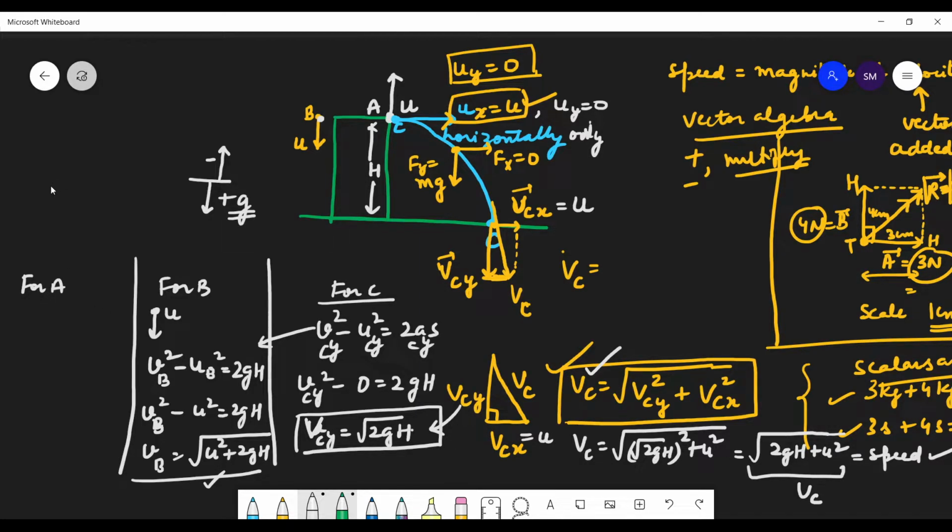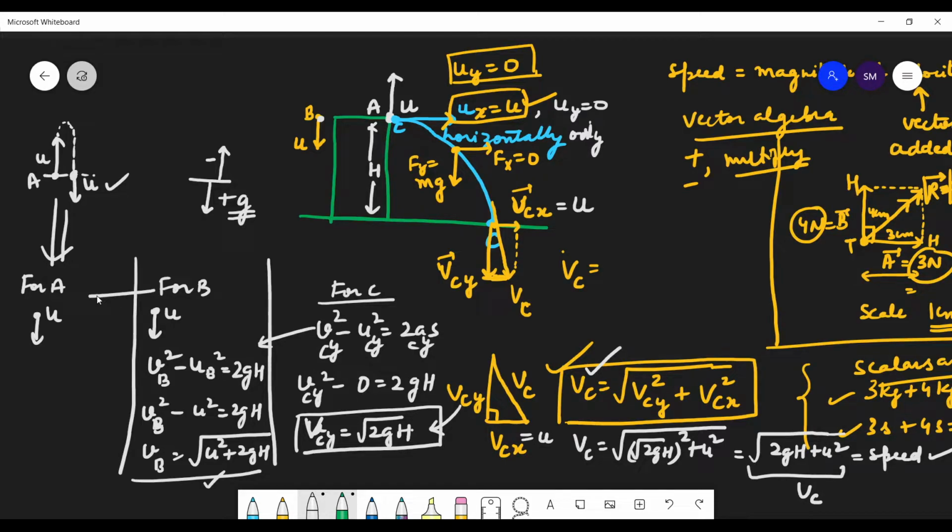What about A? Students, A was thrown upward with velocity u. So at the same place, there is a case of symmetry here. When it will come down here, its velocity will be the same as when we have thrown it in the vertical direction. So in the downward direction, its velocity will be the same. So again, you can assume that for this case the ball was thrown downward with u.